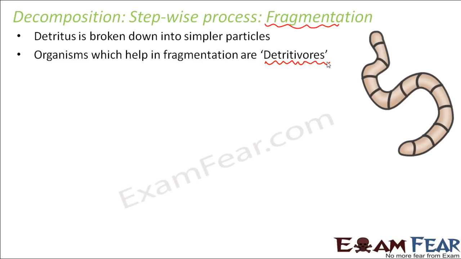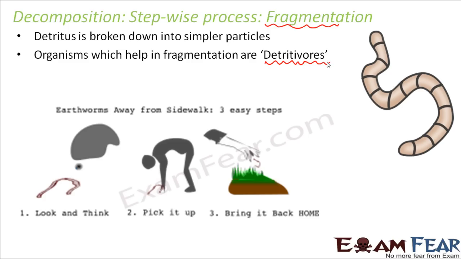Therefore the earthworm is also referred to as a natural fertilizer. It helps in the breakdown of dead plant or animal remains, so that a lot of nutrients present in that plant or animal body get into the soil, and that is how the soil gets enriched. That's what an earthworm does, and due to its job it falls under the category of detritivores.